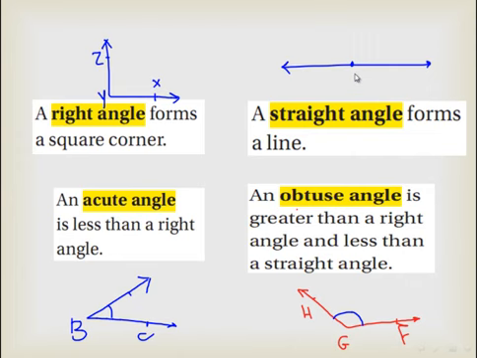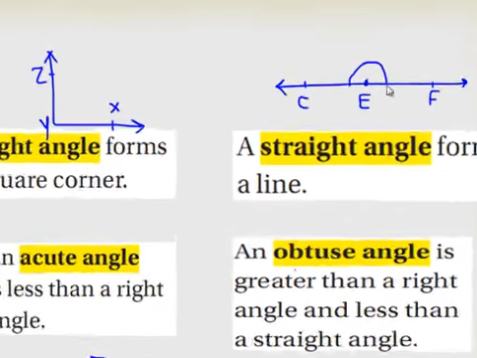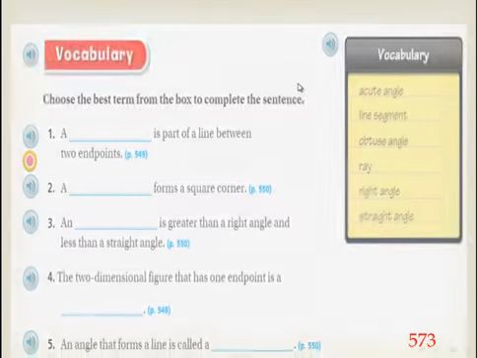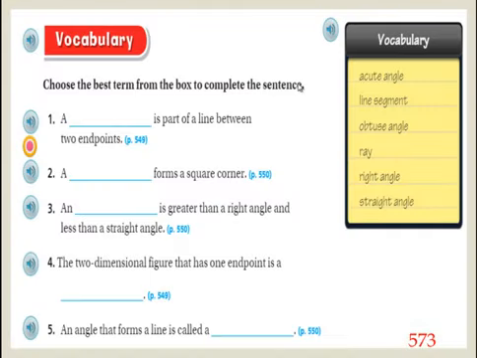Here, any letters as you see, E, C, and F. So the angle is CEF. It's a straight angle, forms a line.